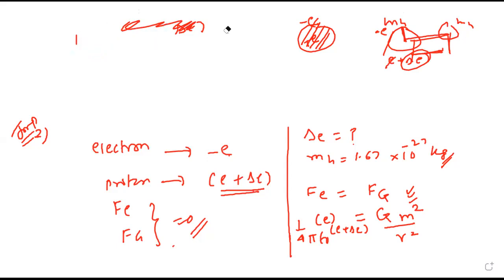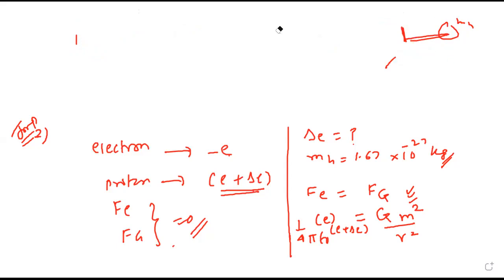So I cannot write E into E plus delta E. That is why I talk about forces between hydrogen atoms, not proton and electron. They want the force between hydrogen and hydrogen. So the net charge possessed by that hydrogen is the extra delta E, squared. I hope now you follow this line. Is this line clear?